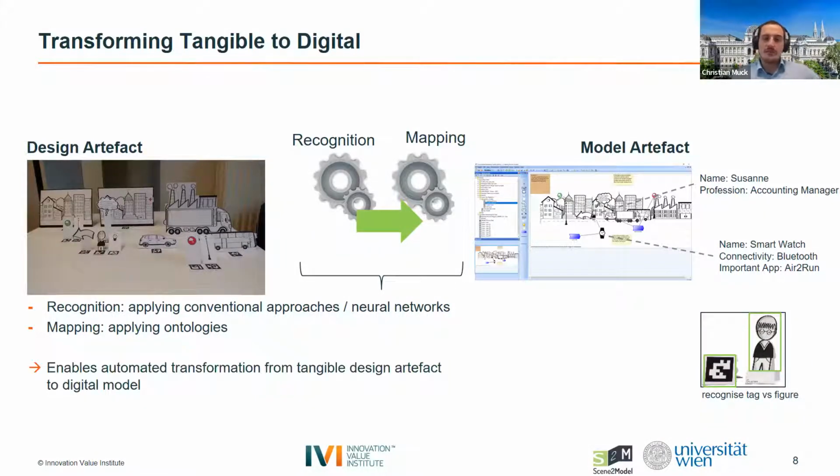And if we have this, we can enable this automated transformation. And this means then that we have a model which we can then use directly in the workshop again, or afterwards share it, adapt it, save it, and whatever you want to do, or also make some automatic processing of the information.